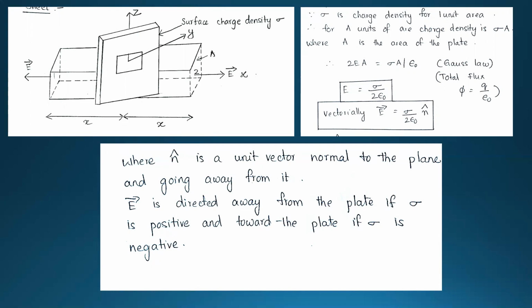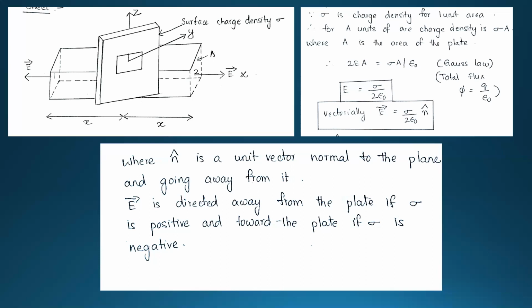Now, let us assume Q is the total charge, but the total charge, as I have already explained, is sigma A. Therefore, as per the Gauss law, the total flux through the Gaussian surface is equal to sigma A by epsilon naught.